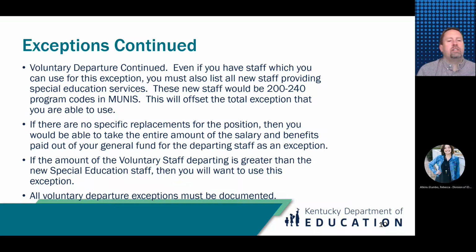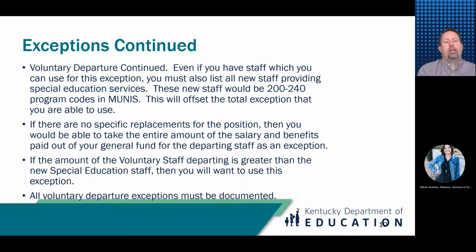As far as looking at this in more detail, I'll give you a few examples of possible scenarios in which you could use this. One, let's say you have staff retire. You have a special education teacher, or again, it could be anything special education related: teacher, instructional assistant, a bus driver, lots of other positions it could be, but a special education related position.